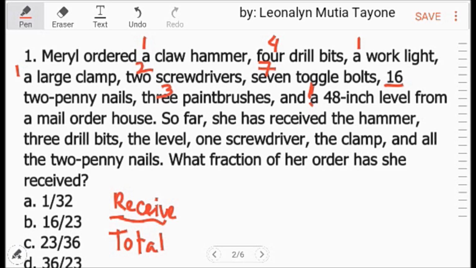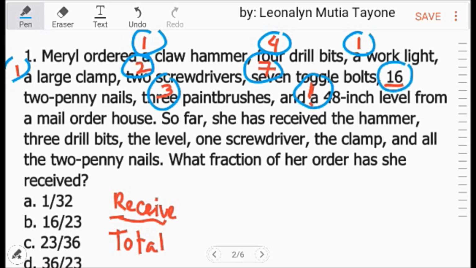Let's add them all. 1 plus 4 is 5. Plus 1 is 6, 7, 8, 9, 16, 19, 20, plus 16, and that is 36. The total is 36.